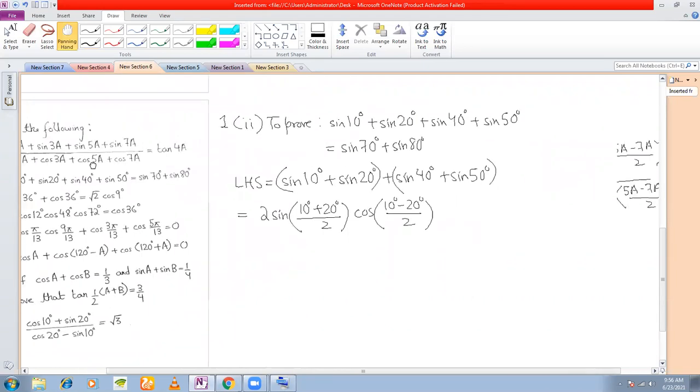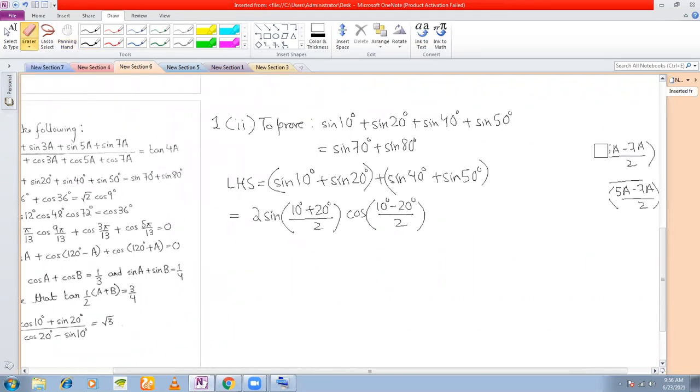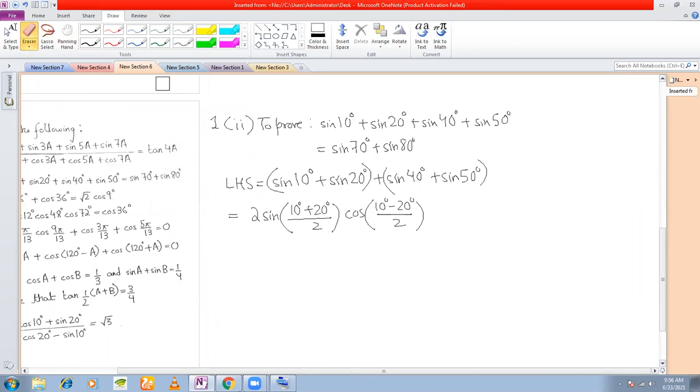Similarly, for the third one, you change that also to a product. So I have 2 sine C plus D by 2 cos C minus D by 2.